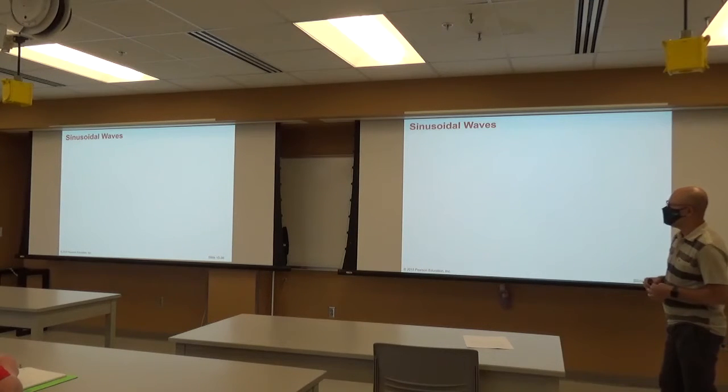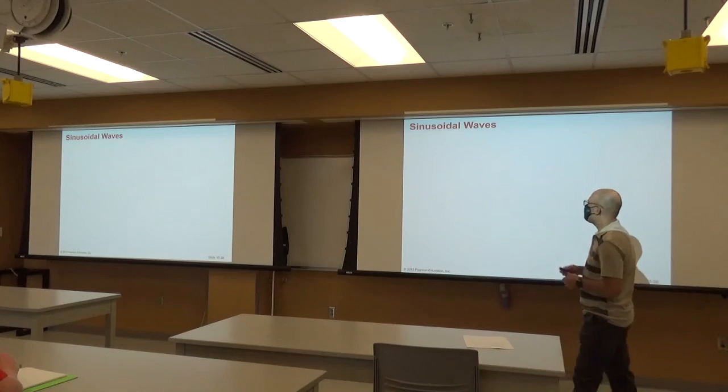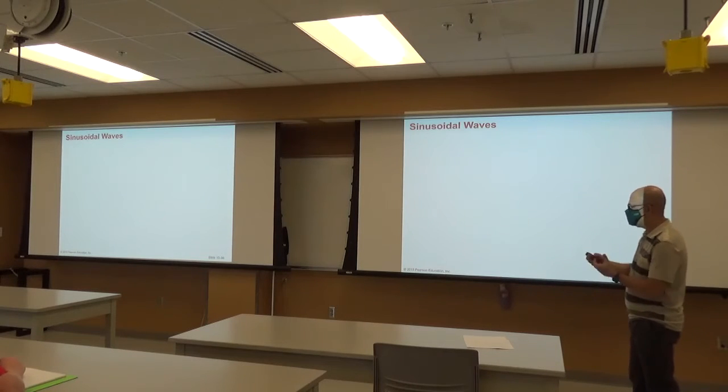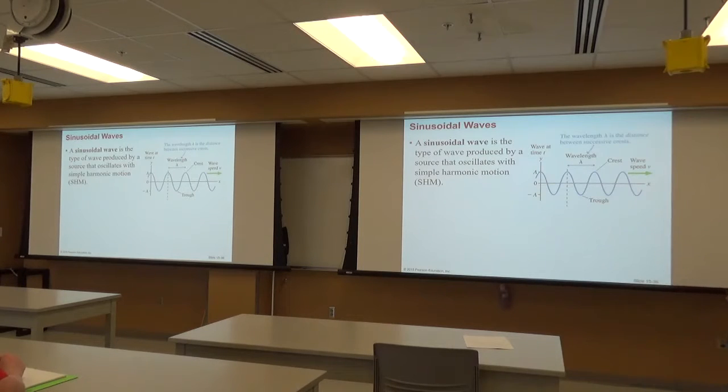Any source that executes sinusoidal motion produces a sinusoidal wave by disturbing the medium. And a sinusoidal wave could be represented by this kind of sine wave. Again, it's produced due to the oscillation of a source back and forth, or to and fro, which we also call simple harmonic motion.